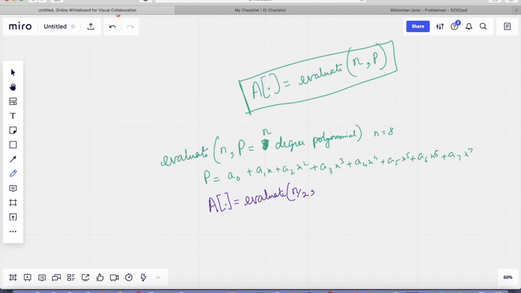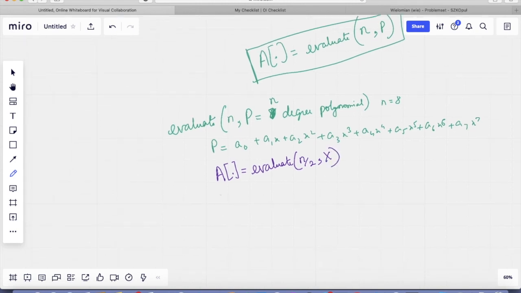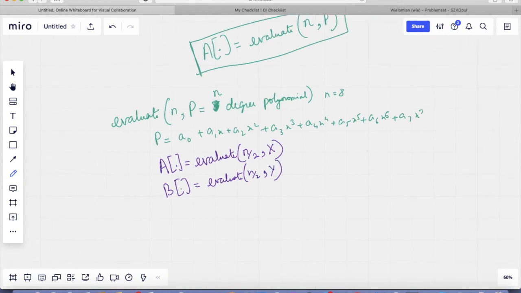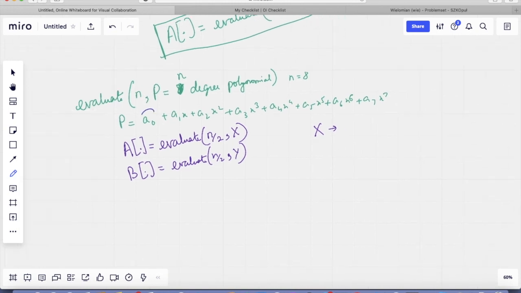I'll call this array x, and I'll call this as evaluate n by 2 y, where x and y are what? X is everything with the even terms. So the array x will contain these things, rather the polynomial x will contain these terms.